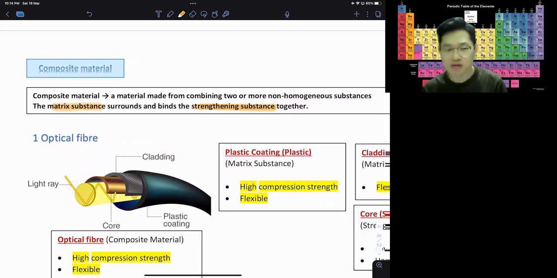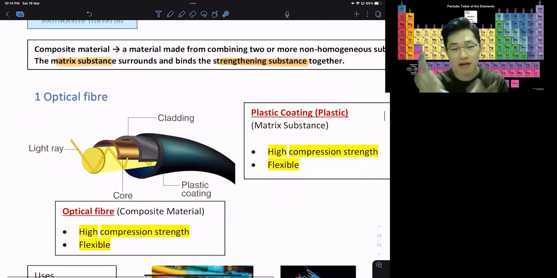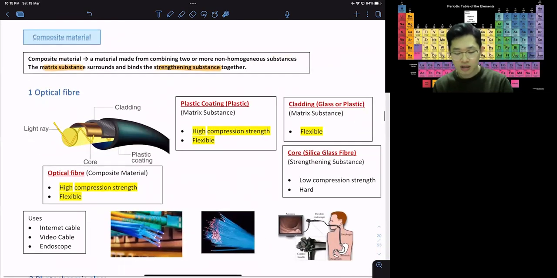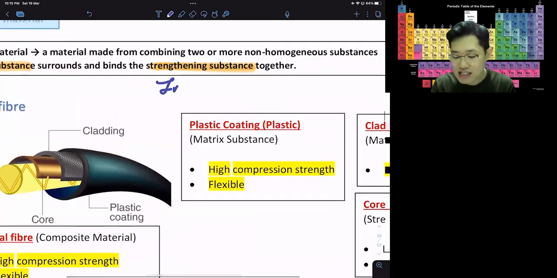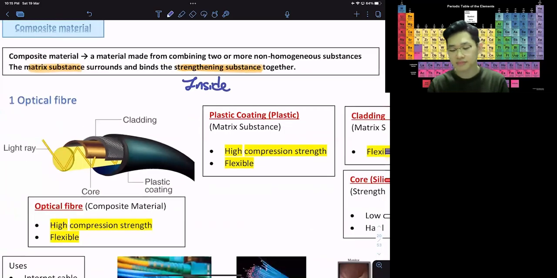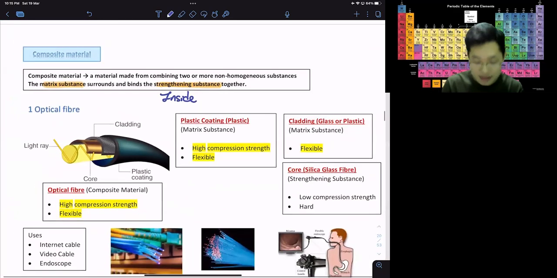Just in case they ask you, like I think 1 mark, in this thing, which part is strengthening, which part is matrix? As I told you, strengthening is the inside. Matrix is the outside.